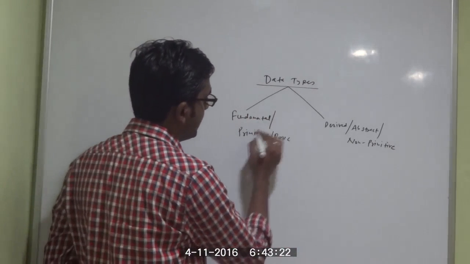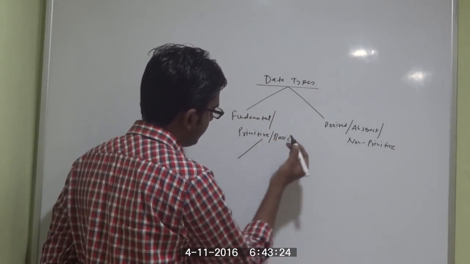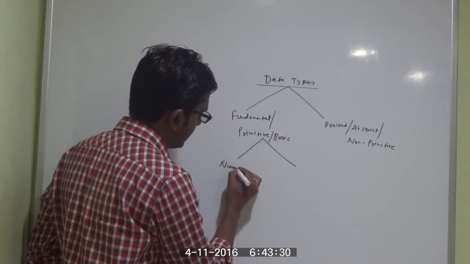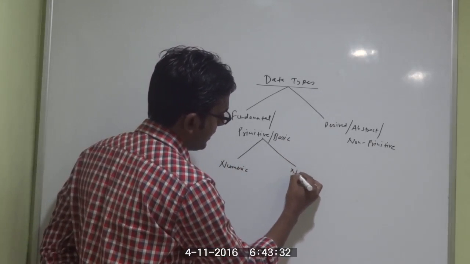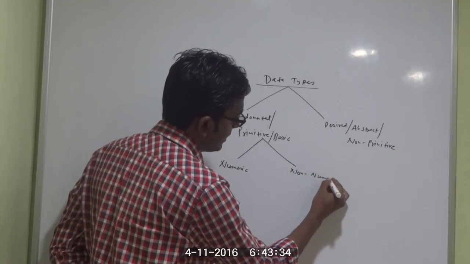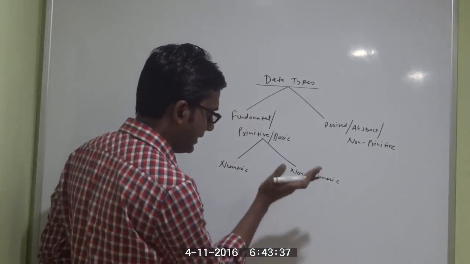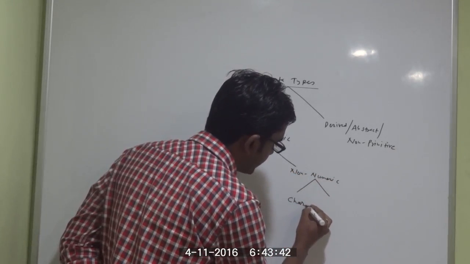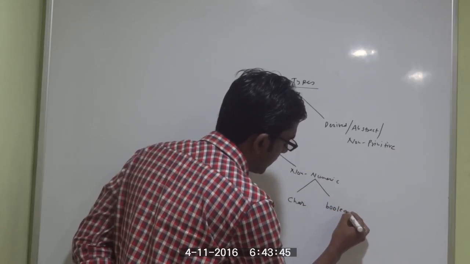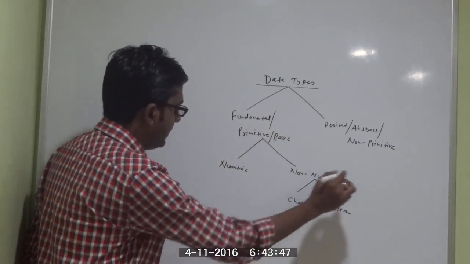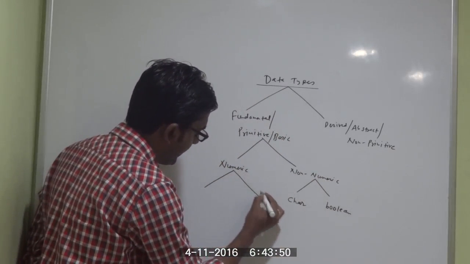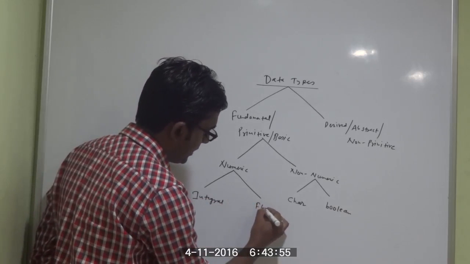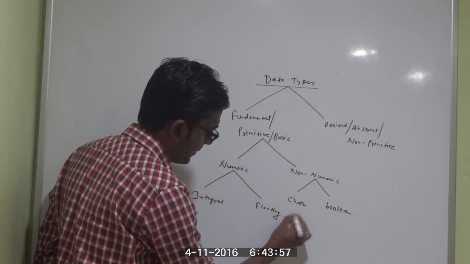Now this fundamental or primitive or basic, whatever you can say, has been categorized into two parts. One is called numeric data type, another one is called non-numeric. Inside non-numeric we have two data types: one is called char, another one is called boolean. And in the numeric portion again we have two categories: one is called integral, another one is called floating.